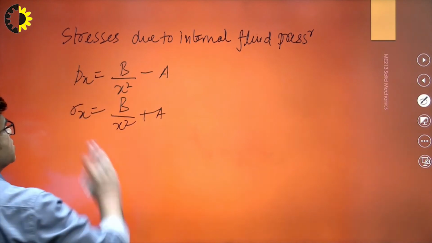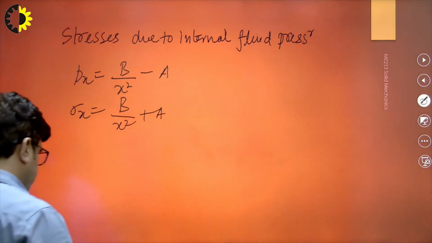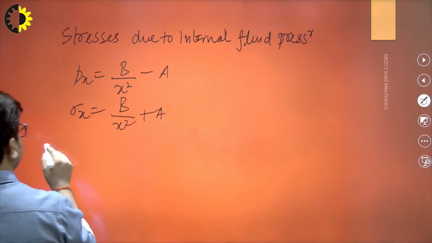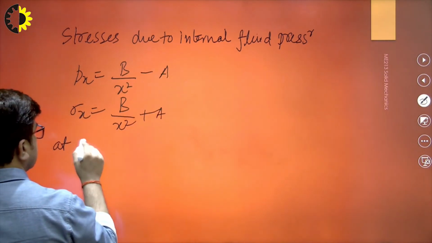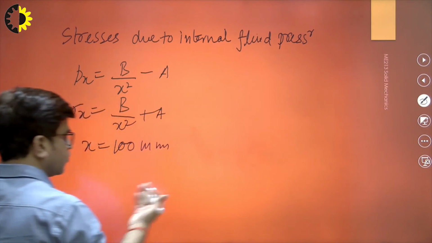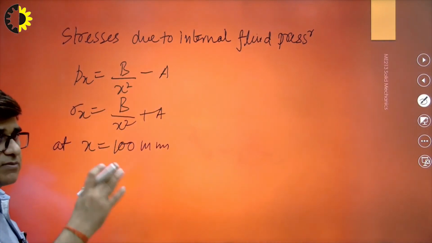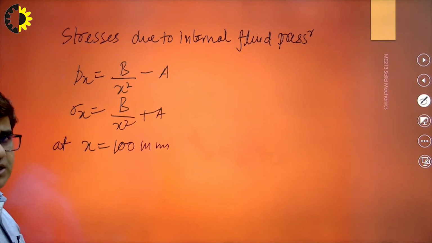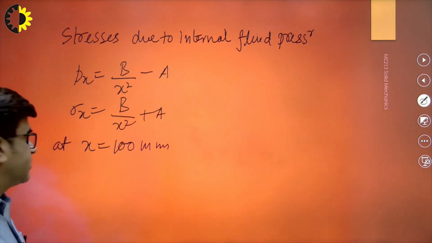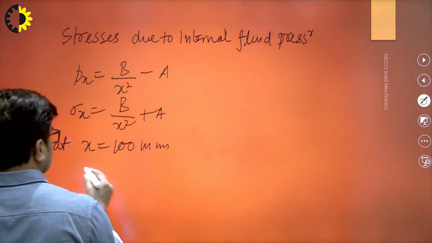Now these constants A and B can be calculated. It has been given at x equal to 100 mm, means when the cylinder is subjected to fluid pressure, this fluid pressure will act at the inner radius, means at x equal to 100 mm.